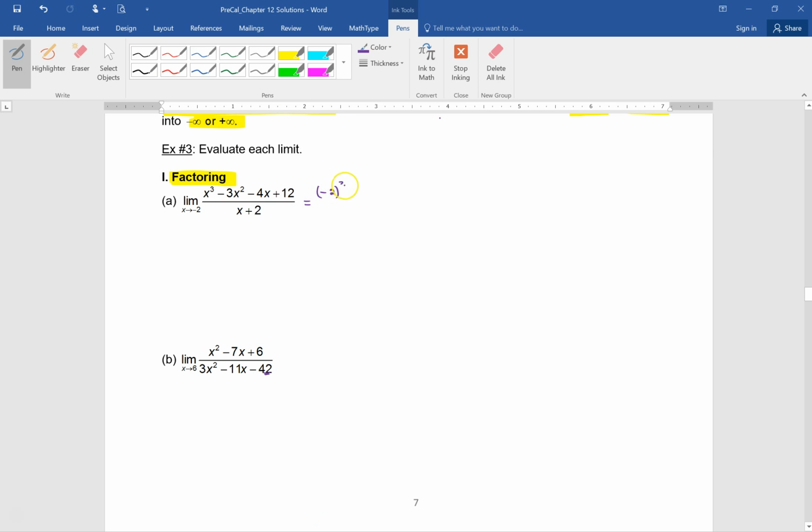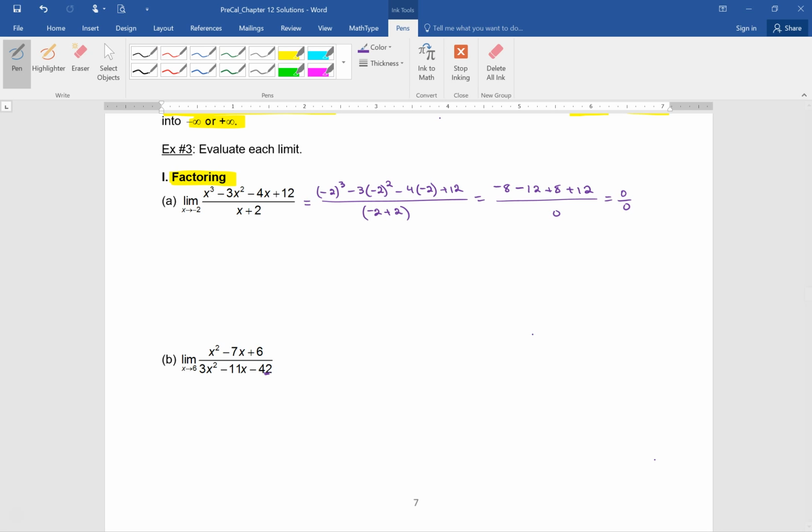Negative 2 cubed minus 3 times negative 2 squared minus 4 times negative 2 plus 12 over negative 2 plus 2. Right? So on top, I get negative 8 minus 3 times 4 is 12 plus 8 plus 12 over 0. So what is this? 0 over 0. Okay? Now, we got 0 over 0. This is indeterminate form. So I have to do it another way.